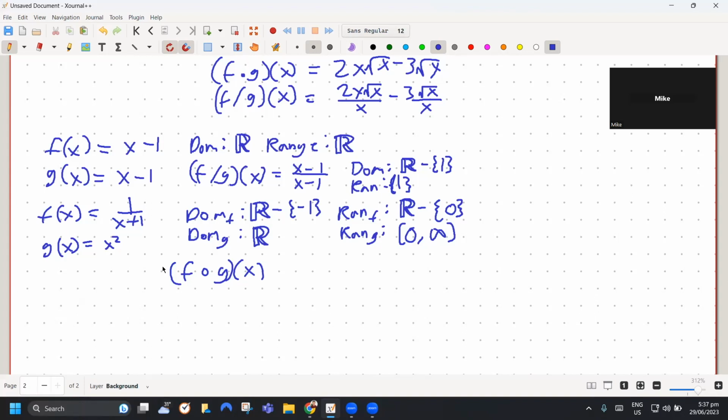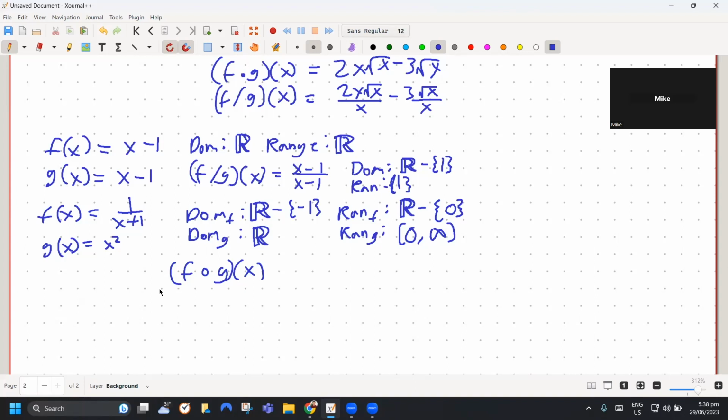Kapag magsisimula tayo sa domain ng G, which is R, the function will bring us from R to 0 to infinity, including 0.